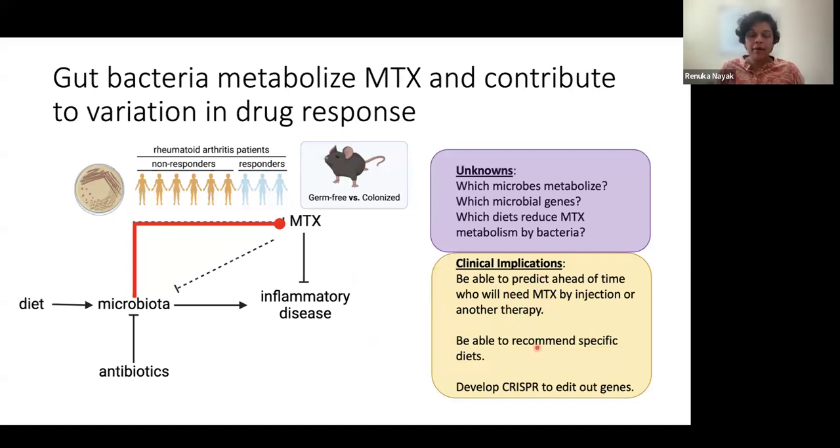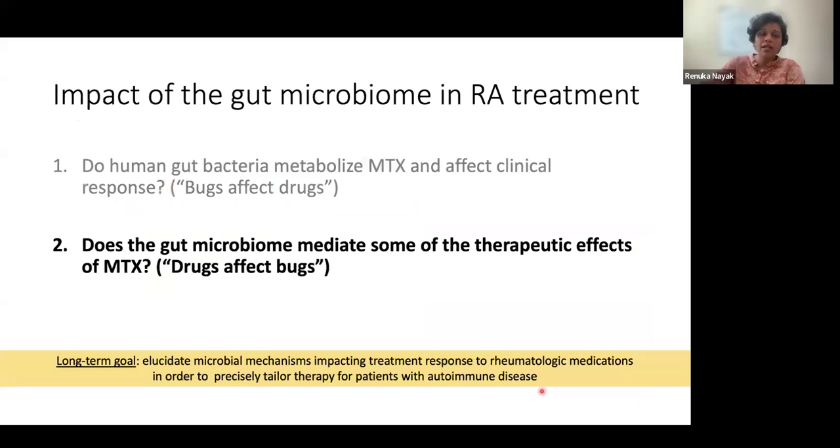Patients ask all the time about whether diet can either affect their disease or improve their response to the drugs that we give them. So if we understand this relationship, we might be able to recommend specific diets. And if we understand which microbial genes are implicated, we could either develop drugs targeting those genes or use CRISPR technologies to edit out those genes. And so that was the first story.